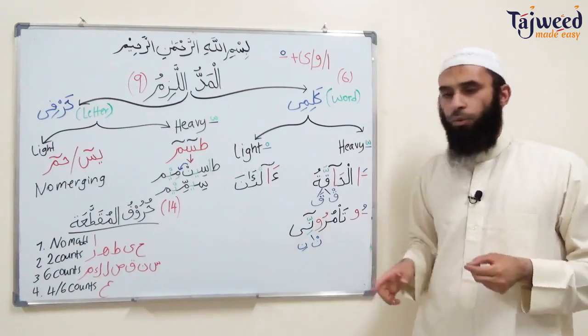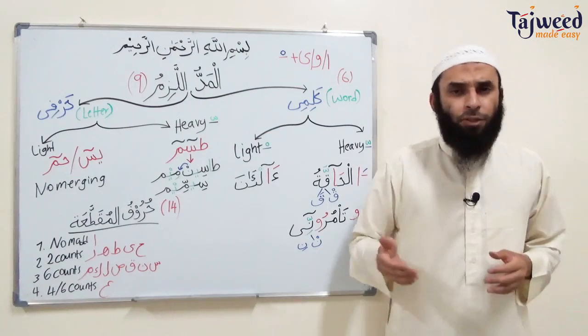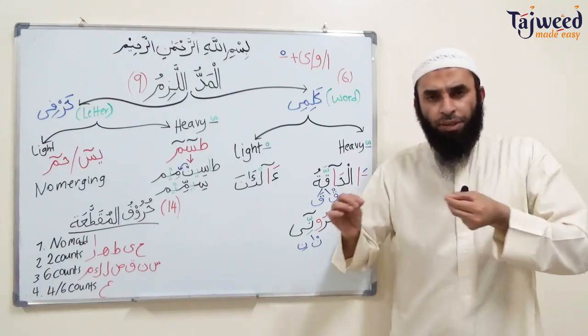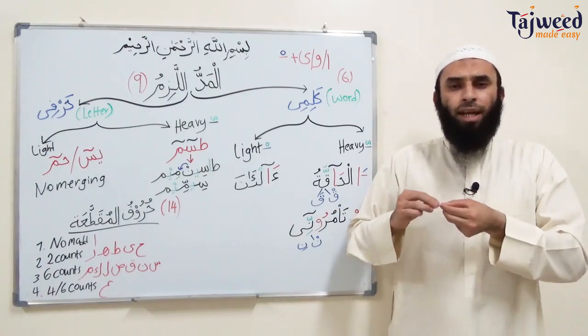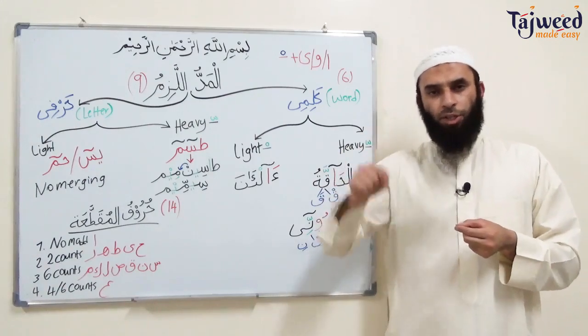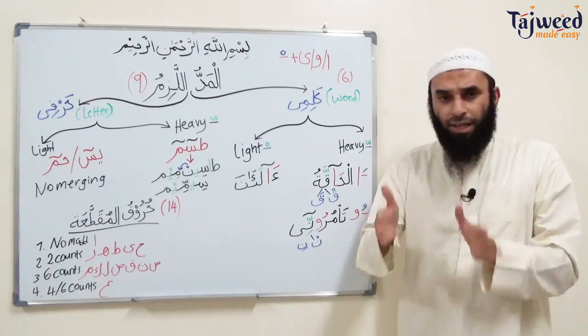We cannot stretch the mudud. Not just mad lazim, the other types of mad. Even in arid, the sukun towards the end: Alhamdulillahi Rabbil Alameen. They should not be shaken of the mad. And we cannot do more than the actual count.